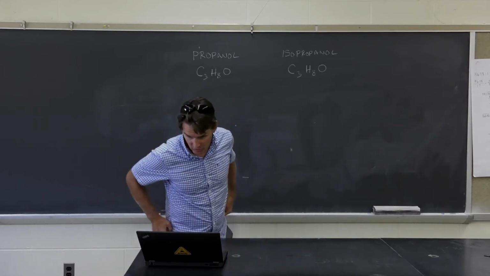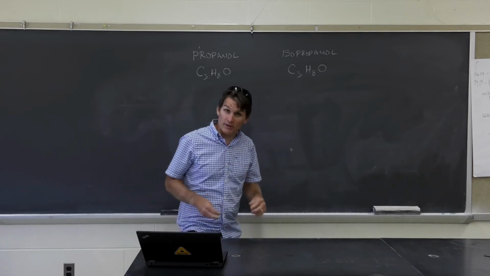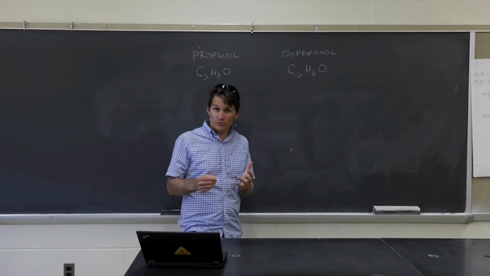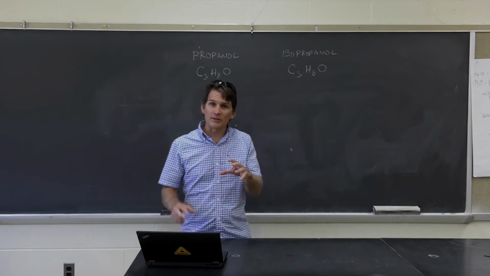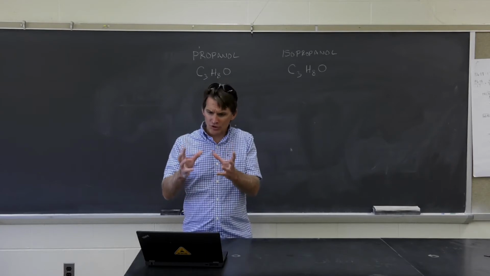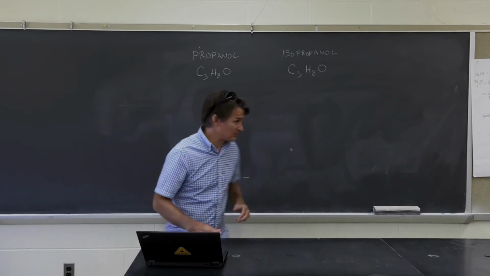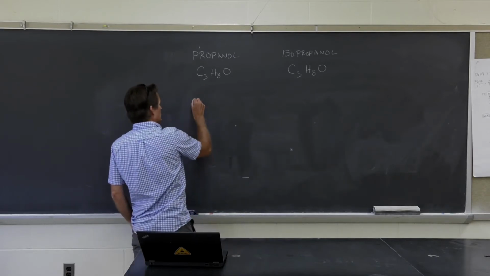Now we can also draw what is called the structural formula for these 2 particular molecules. And the structural formula gives you some indication, although not a perfect indication, of how the atoms are arranged in space. So propanol is going to look like this.